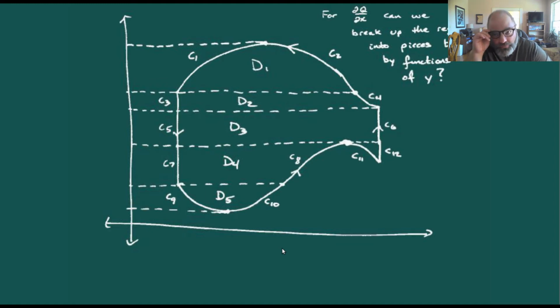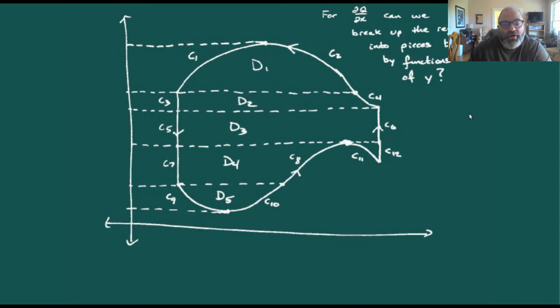Well, the idea is that we can break up the region into pieces bounded by functions of y. The thing that made that first one so nice and easy was that we could parameterize it as functions of x, where x was constant on the left side and the right side, and then we had this nice y as a function of x for the top and the bottom.